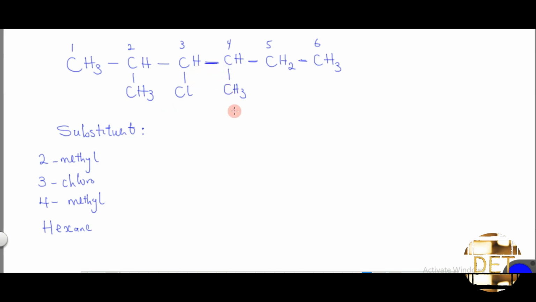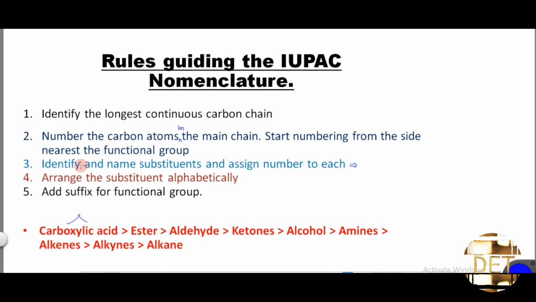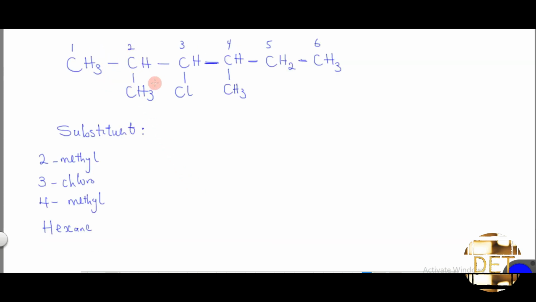So what is the IUPAC nomenclature of this compound? If we go back to the rules: identify and name the substituents and assign numbers to each. We've done that already. And then arrange the substituents alphabetically. This is very important. Arranging the substituents alphabetically, chloro comes before methyl, C comes before M, in terms of the alphabet.